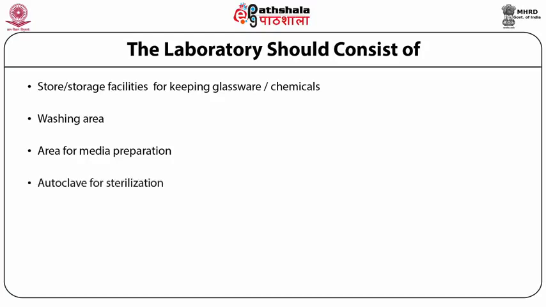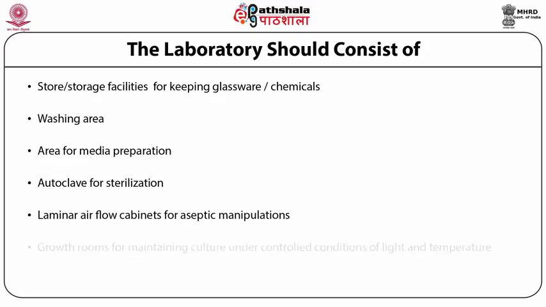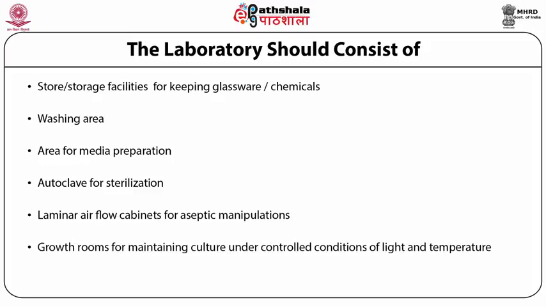The media needs to be sterilized, so depending on the size, either you have a separate room for sterilization or you keep autoclave in the same laboratory. Thereafter, in the sterilized media, you put your explants, and therefore you need sterile hoods, what we call as laminar airflow cabinets, to carry out the aseptic manipulations. And then these cultures are incubated in controlled conditions of light and temperature.